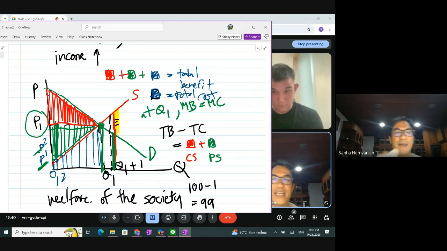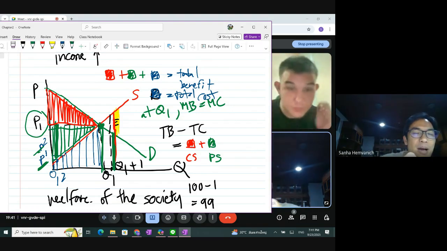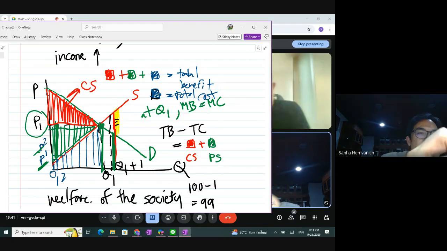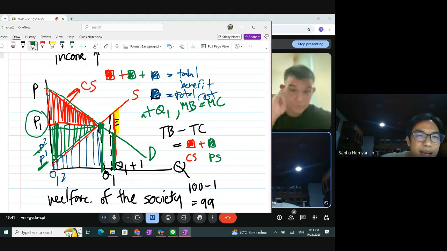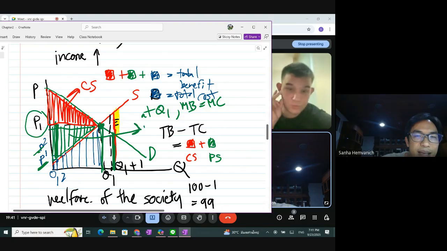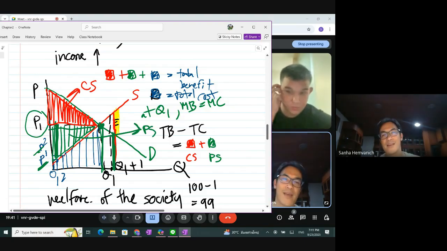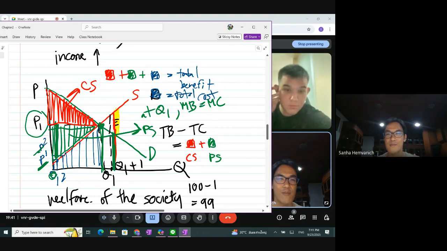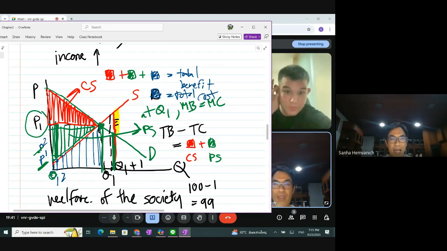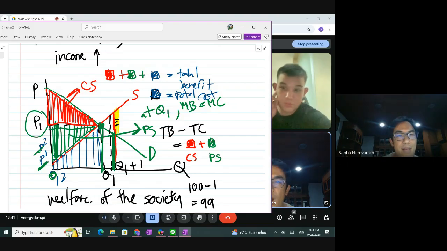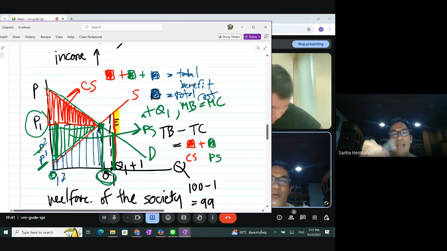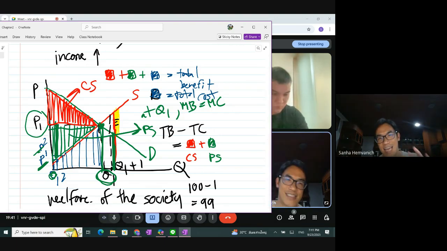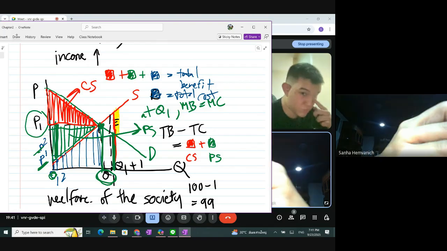You can see this is my CS, and I'm using a different color. The green area is my producer surplus. As we go from an output of 0 up until the output of Q1, which is the output at the equilibrium, you can see that the CS is a triangle.